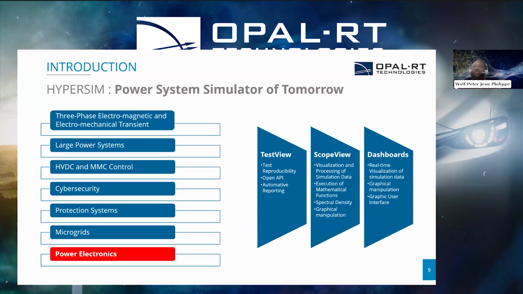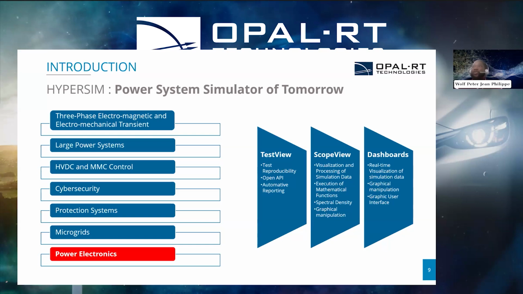We also have ScopeView. ScopeView is integrated with HYPERSIM, and it contains mathematical functions that allow you to directly do analysis over the signal that you are studying. You can also do graphical manipulation, so zoom in, zoom out of your data, and you can analyze offline after you save your data, using ScopeView.